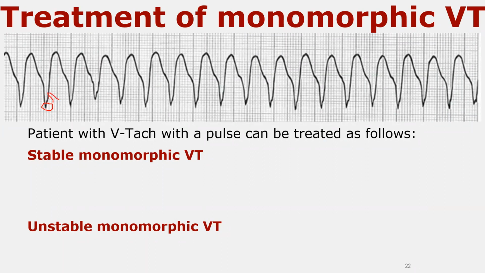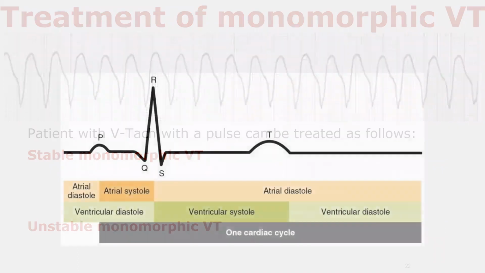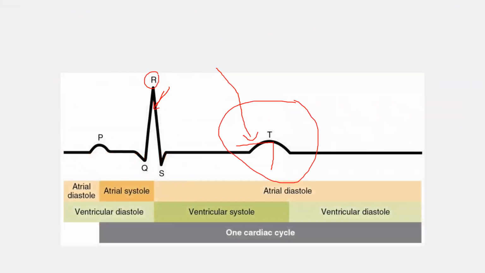This is what's called synchronized cardioversion. In defibrillation, the electrical current can occur anywhere, but in synchronized cardioversion, you're synchronizing it to these R waves so that it will deliver the electrical current at the downstroke of the R wave.